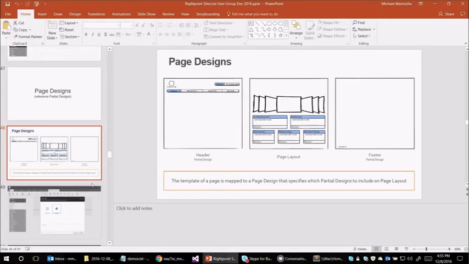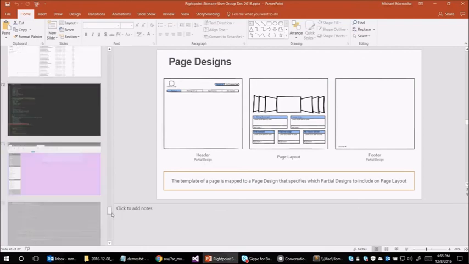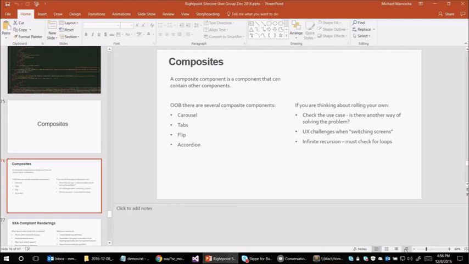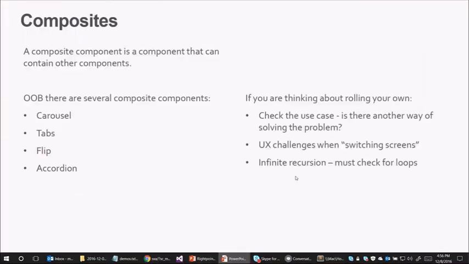So switching back from the demo, there's also composites, and I briefly mentioned like a carousel, but these composites essentially allow you to nest components. So you could take a promo component and wrap it in a carousel so that it rotates, right? You could rotate promos. You could rotate any one of those other components, right?